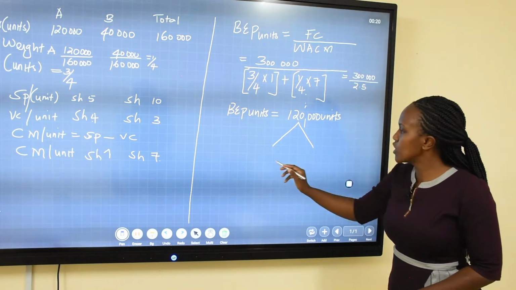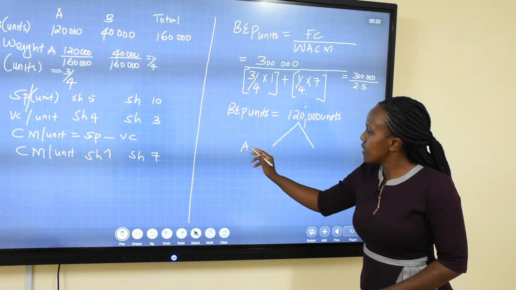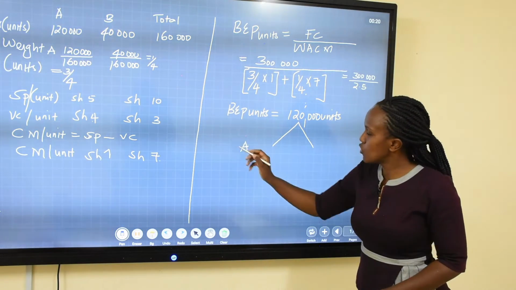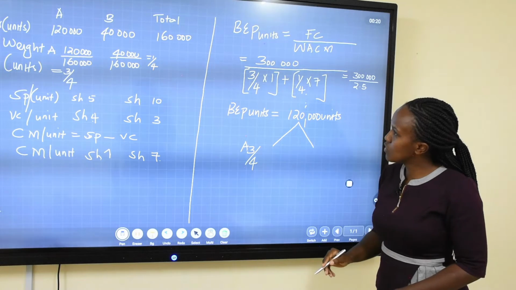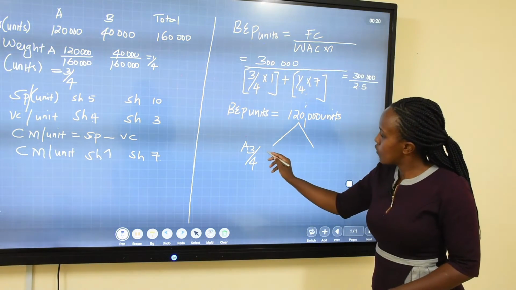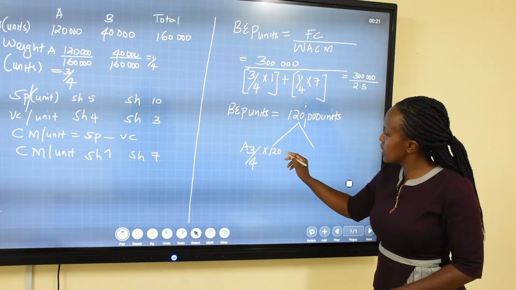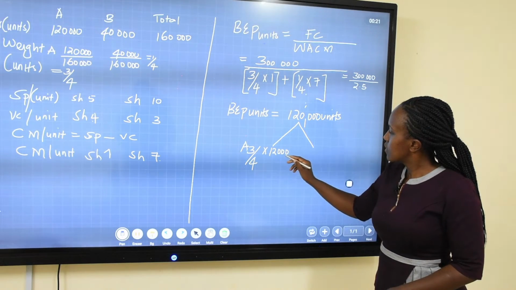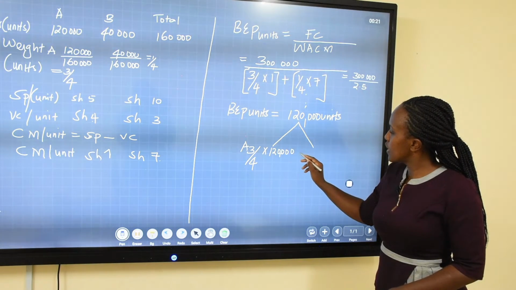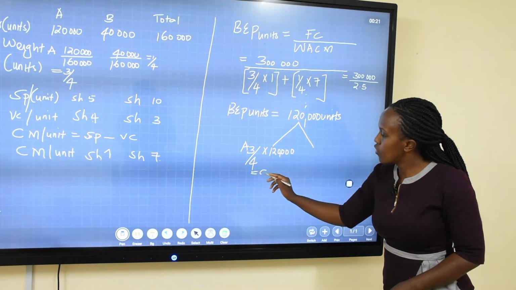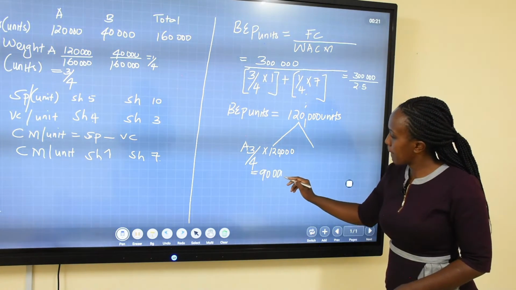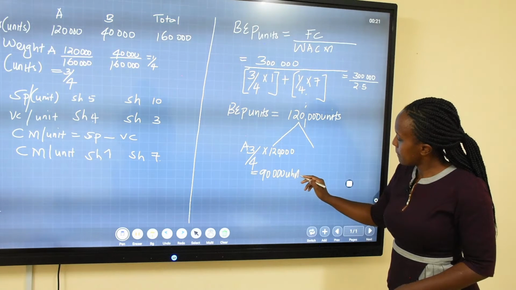So for the break-even point per unit for A, the weight of A should be 3 over 4 of 120,000 to break even. So the weight of A in the break-even sales should be 90,000 units.